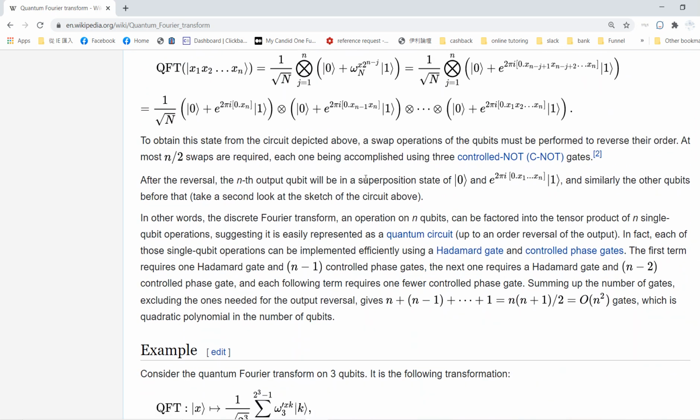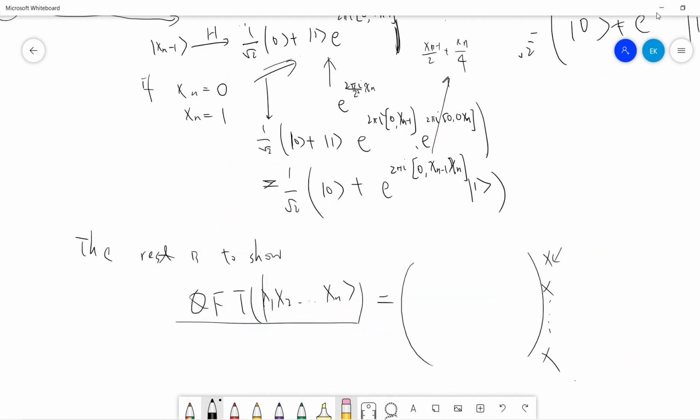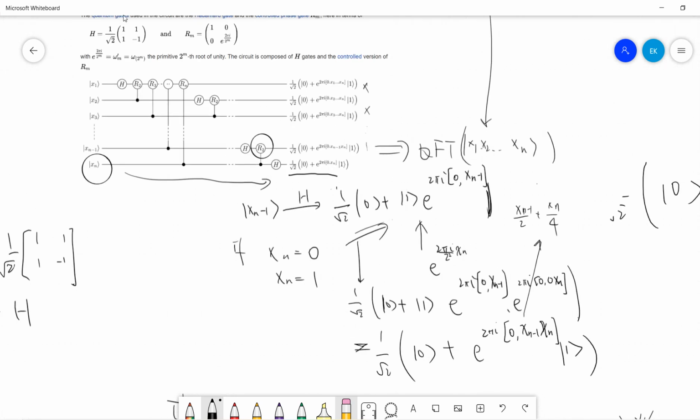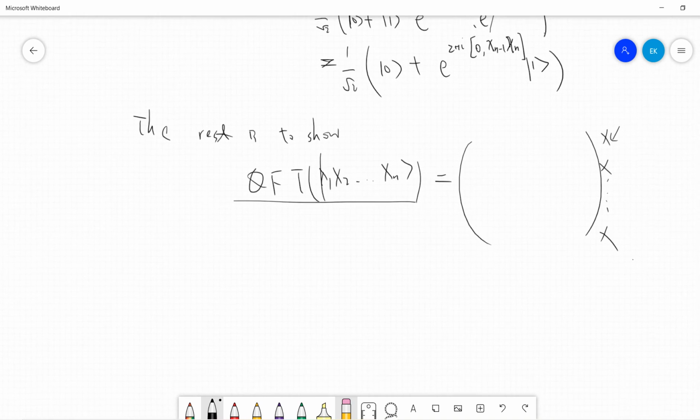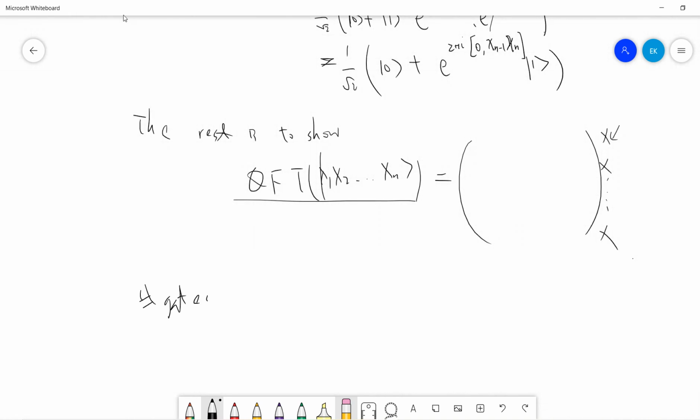Okay, so the final result I want to say is that if we can take n to be log 2n. Sorry, we can take small n to be log 2n. So you see, from here we have n minus 1 gates, n minus 2 gates up to 1 gate. So the total number of gates will be 1 plus 2 plus up to n minus 1, which is n times n minus 1 divided by 2.